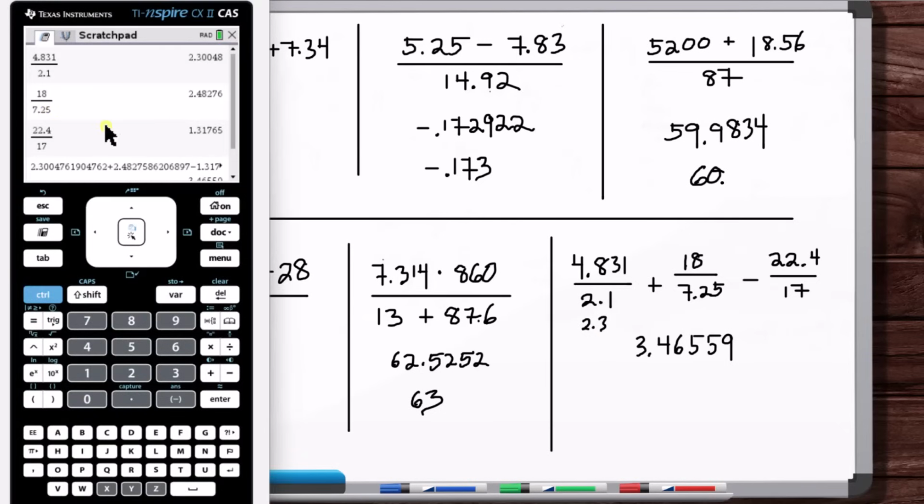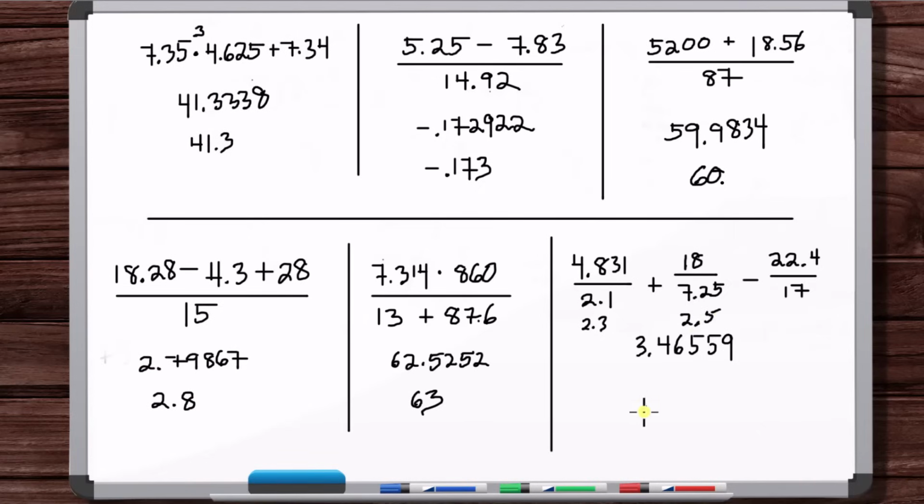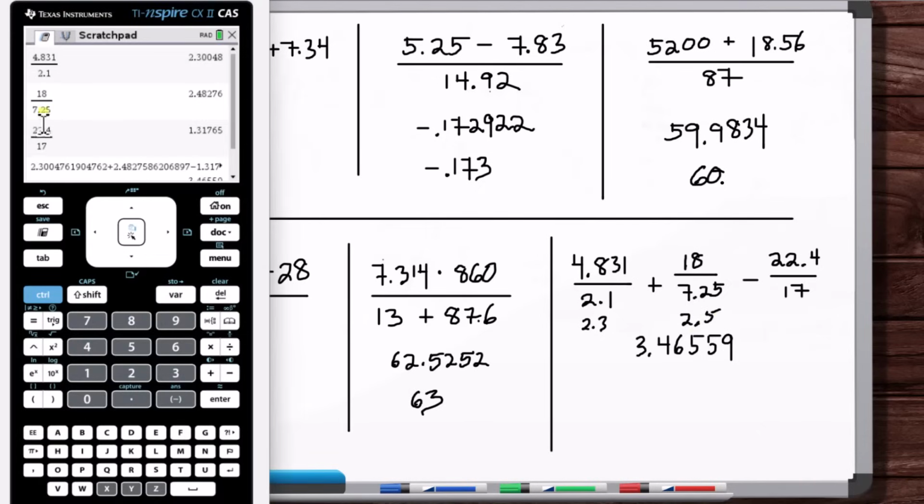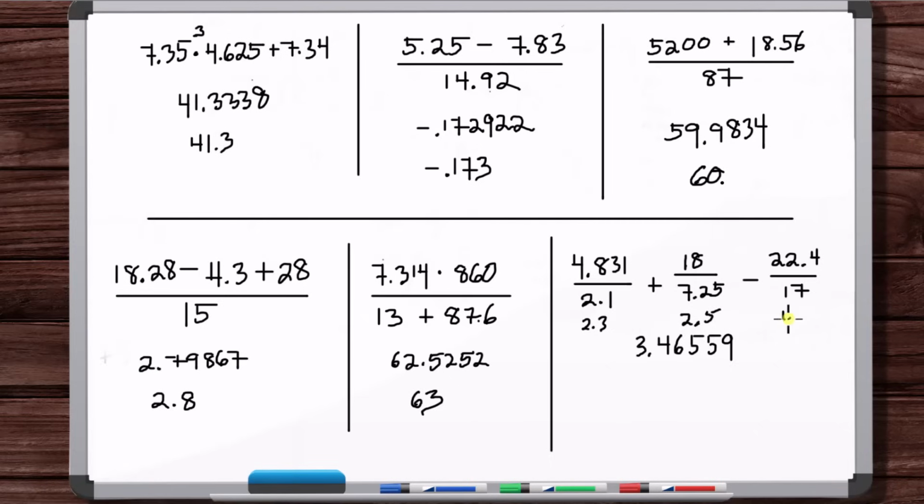Okay, 18 divided by 7.25, we're keeping 2 significant digits, so 2.5, and then 22.4 divided by 17, we're keeping 2 significant digits, so 1.3. Okay, now all of these have the same level of precision, so with these additions and subtractions, we're going to be keeping the tenths place, so round to the tenths place.